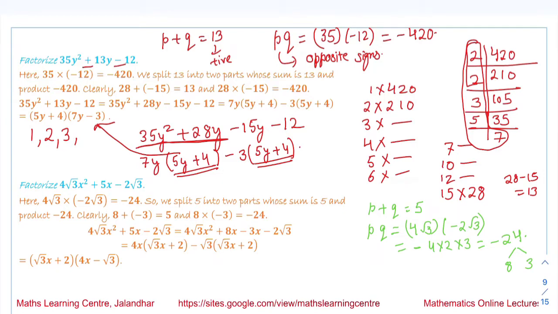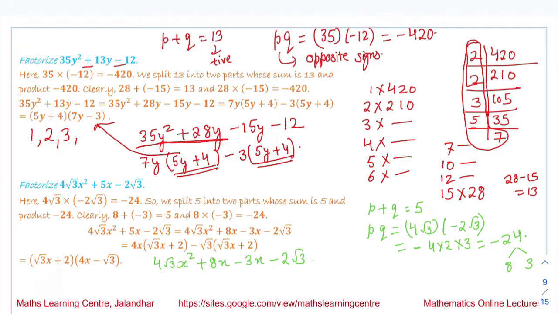So how we are going to split this equation is 4 root 3 x square plus 8x minus 3x minus 2 root 3, because it is plus 5, so we write 8 minus 3. Now we have to make these two terms alike.